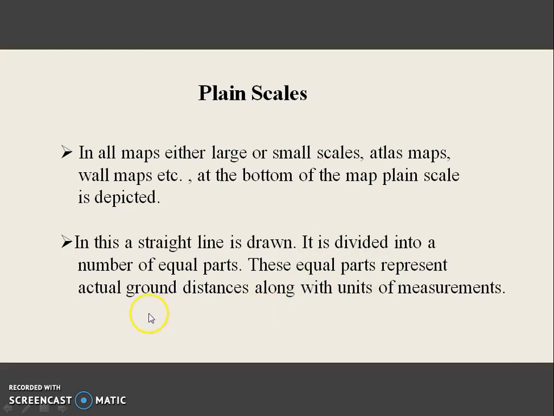These equal parts represent actual ground distances along with units of measurements. It is to be remembered that map distance is never written in the graphical representation. To show a map distance, a line is drawn. Only ground distances are depicted below the divided parts.